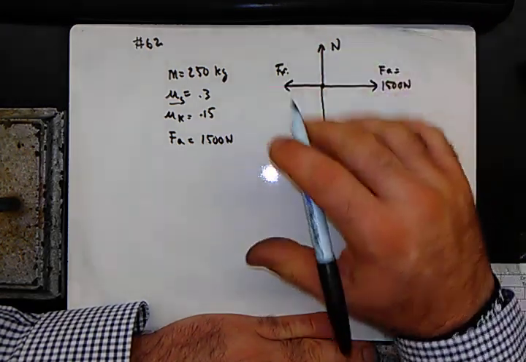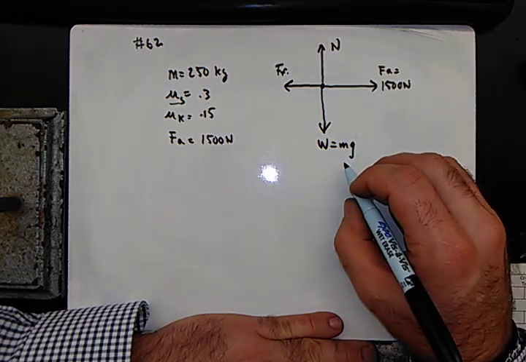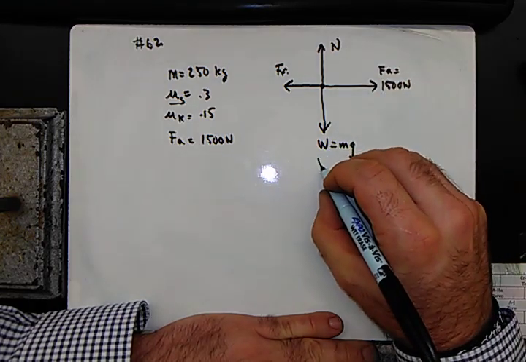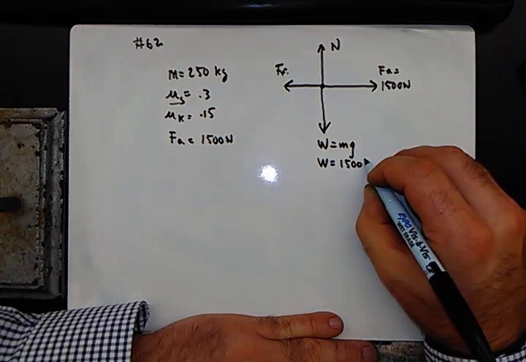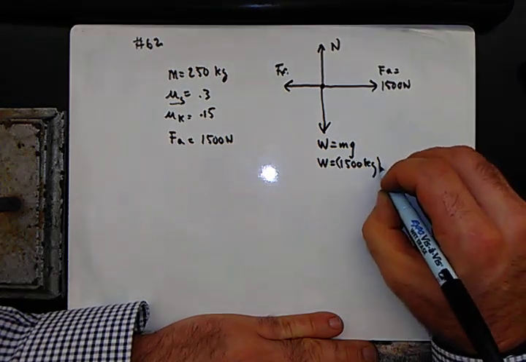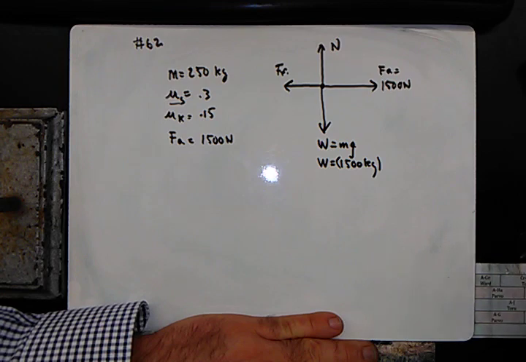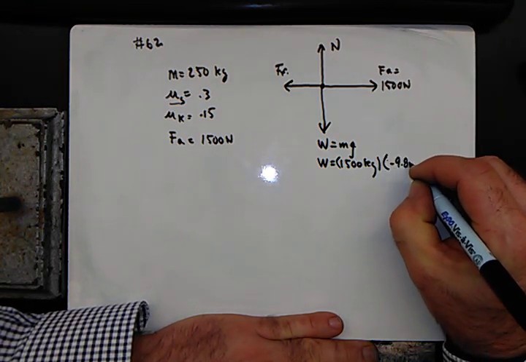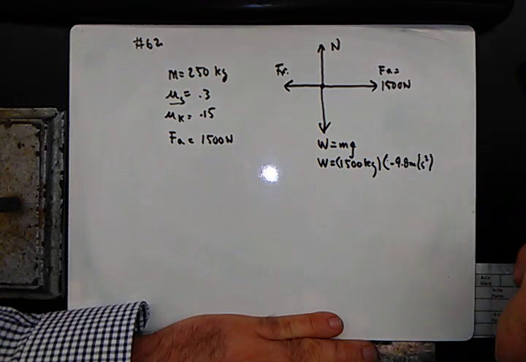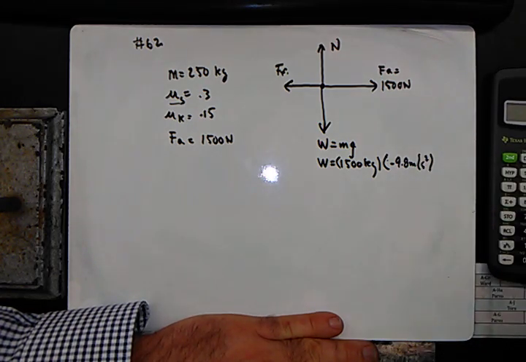So let's first find out what the weight of this object is so we can figure out the normal force. Weight is mass times acceleration. The acceleration is going to be gravity because it's pulling down. So if I figure that out, I can just plug that in the calculator.